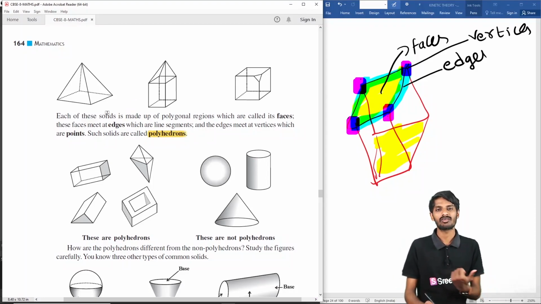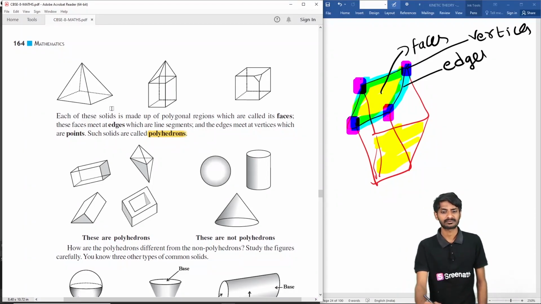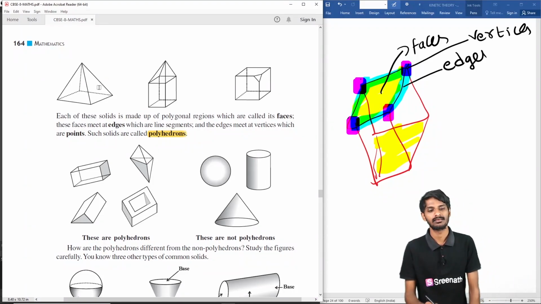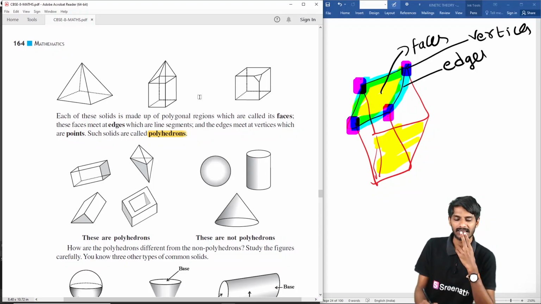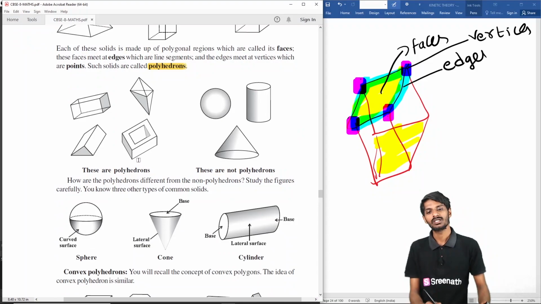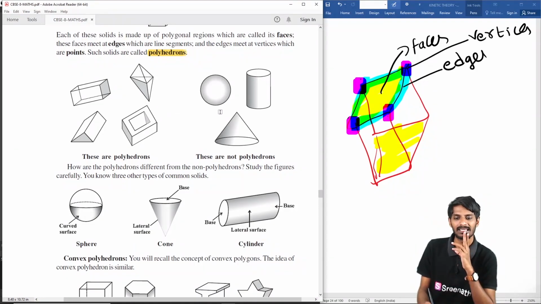Here there are polygonal regions; it has 5 faces, 1 2 3 4 5. These faces have edges and points, so these are polyhedrons. These are the polyhedrons and these are not the polyhedrons. All these have faces.